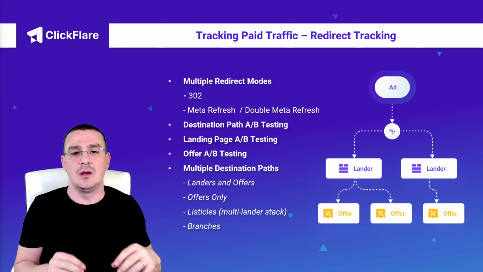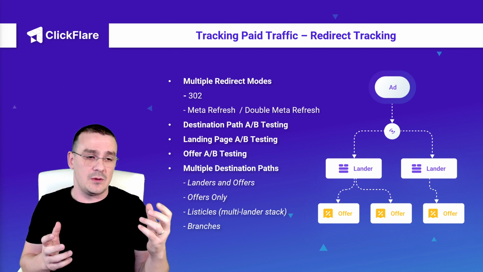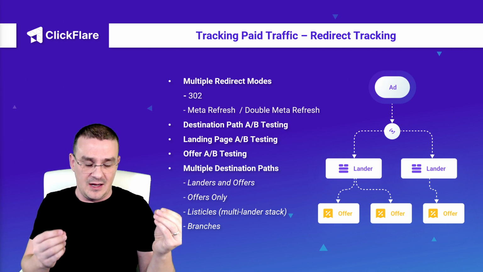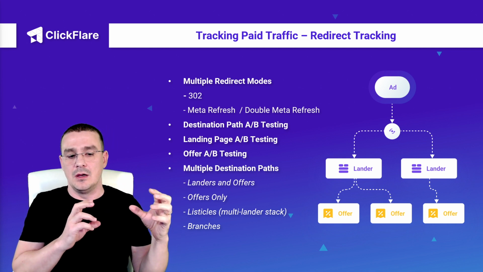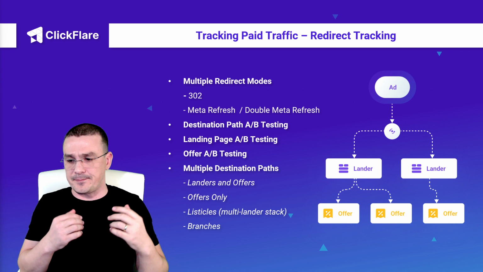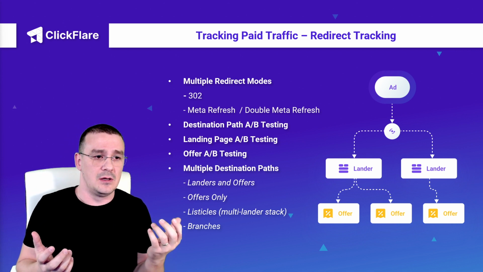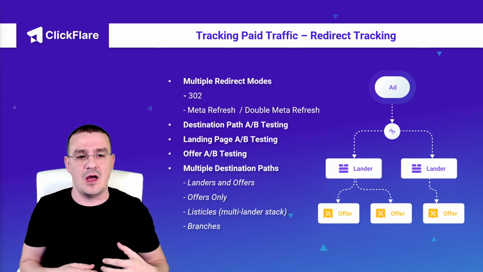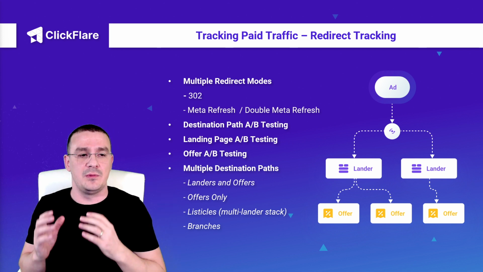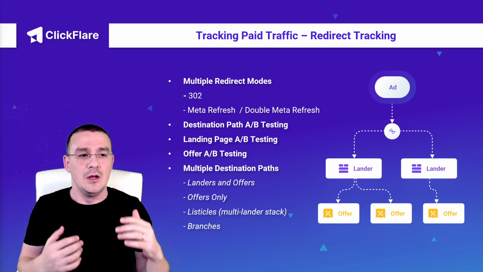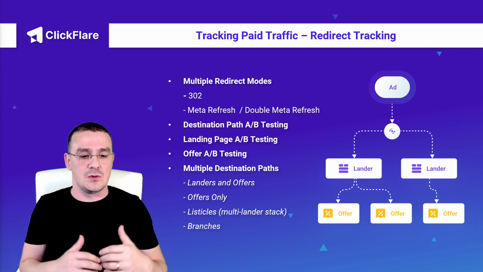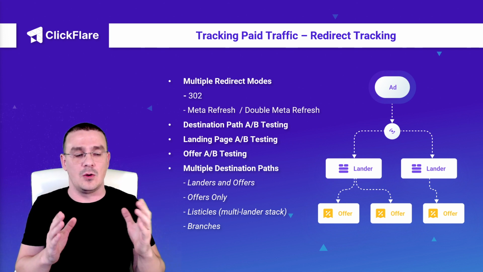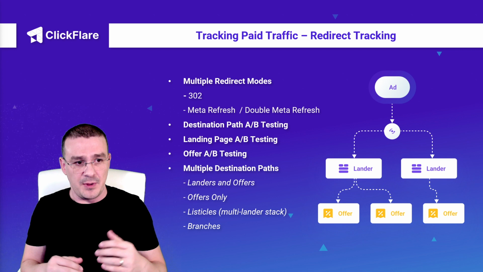In this case, thanks to the redirect node between the ad and the landing page, we are able to easily rotate and A/B test, or even do conditional-based routing of the visitors to a specific page. Like you may say, I want an optimized page for Android and another optimized page for iOS. So with separate or conditional-based paths, we can easily filter or reroute the traffic to the designated page.